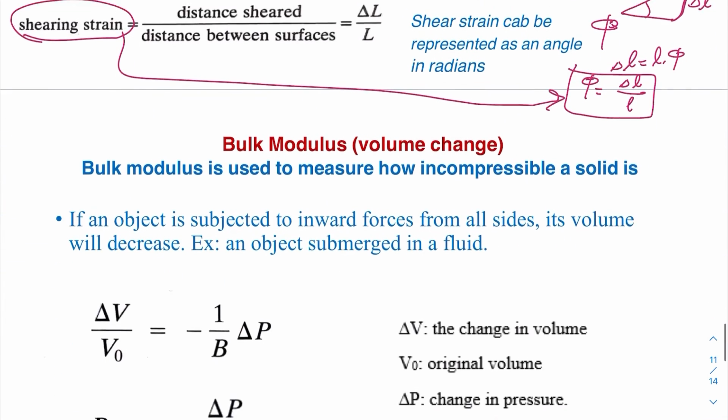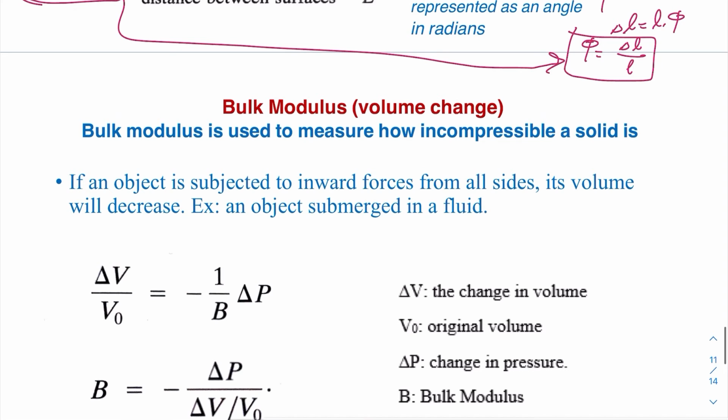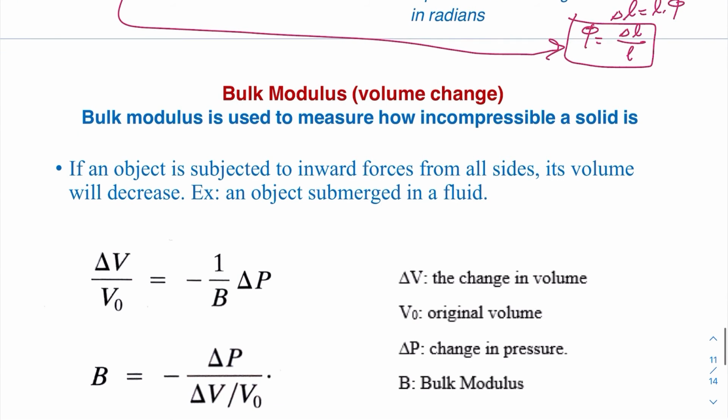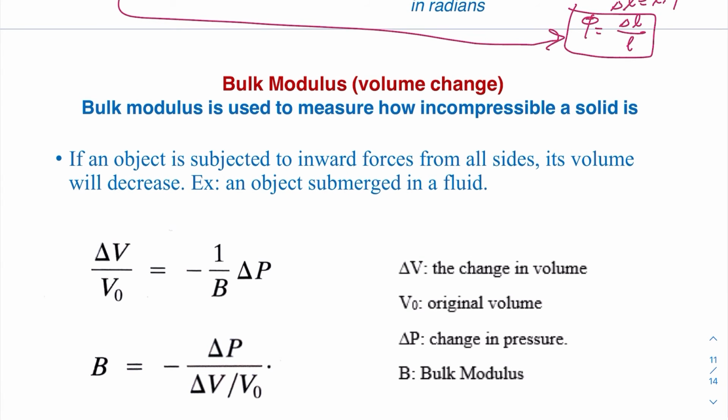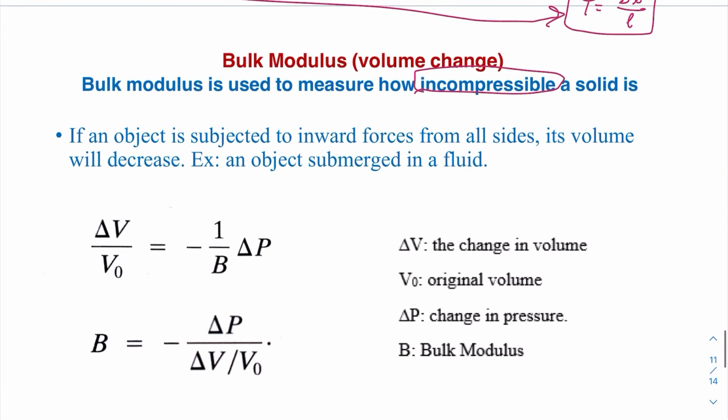And the last modulus is Bulk's modulus. Bulk's modulus is used to measure how incompressible a solid is. So when we talk about how incompressible a solid is, this falls into the context of Bulk's modulus.